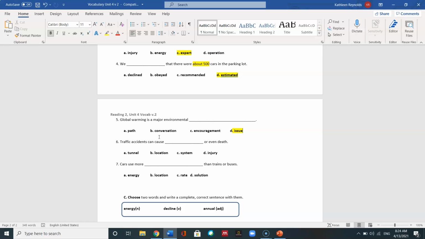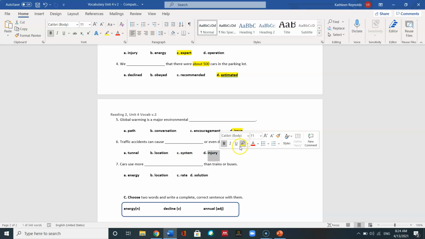People can have a conversation about global warming, but we can't really say global warming is a conversation. Hope that makes sense. Number 6, traffic accidents can cause blank or even death. So remember, this means the result of the traffic accidents will be tunnel, no. Location, system, no. Injury.